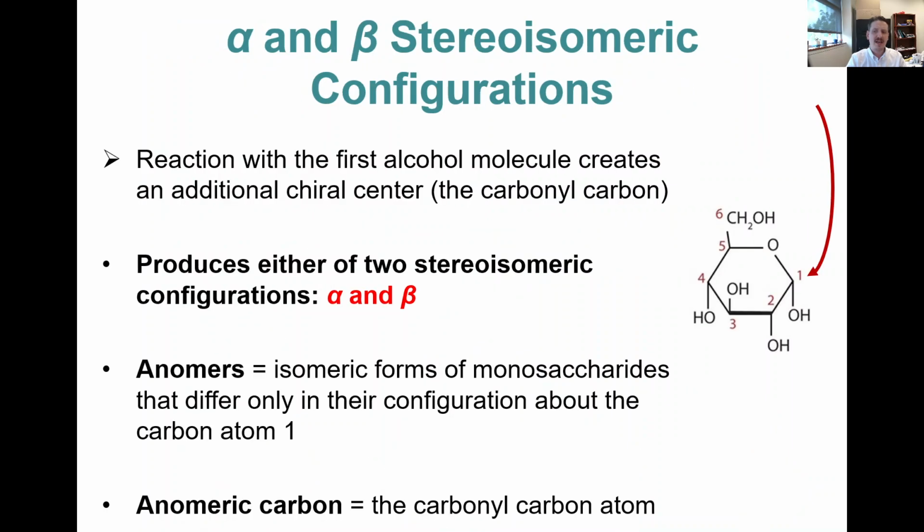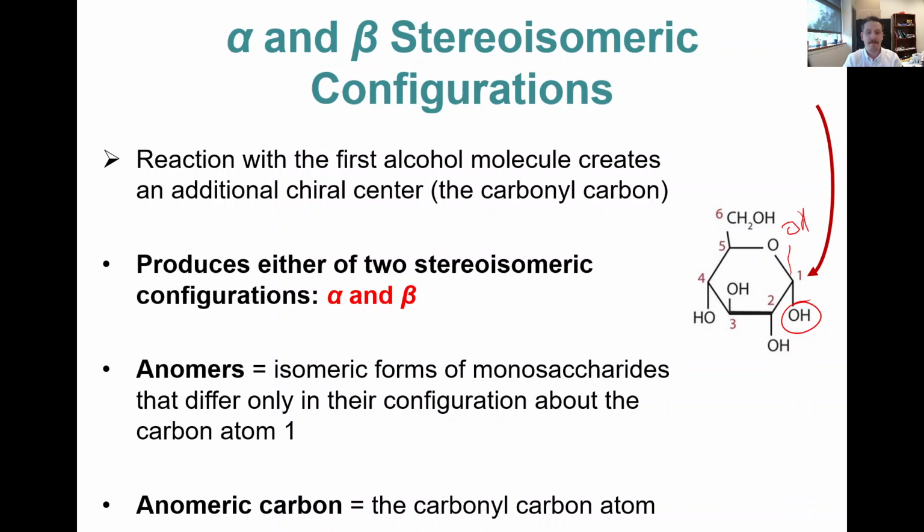Now, when they cyclize, it's going to produce 2 stereoisomers, where the OH can be below, or the OH can be above. Now, this again is going to be an epimer, right? This type of stereoisomer is an epimer, because it's similar to whether or not the OH is left or right, or up or down.